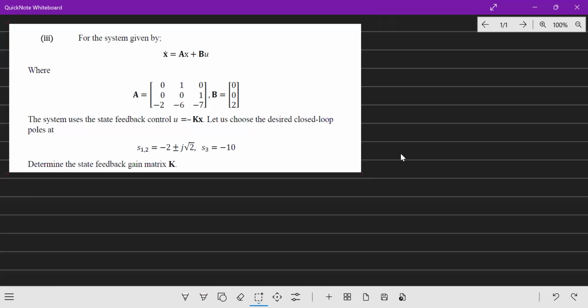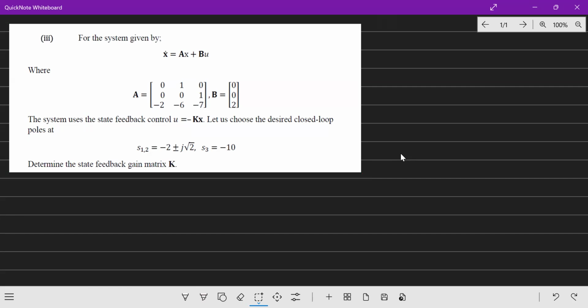Here you go. So the question reads, for the system given by blah blah blah, where you are given the matrices A and B, the system uses the state feedback control U equal to negative KX.